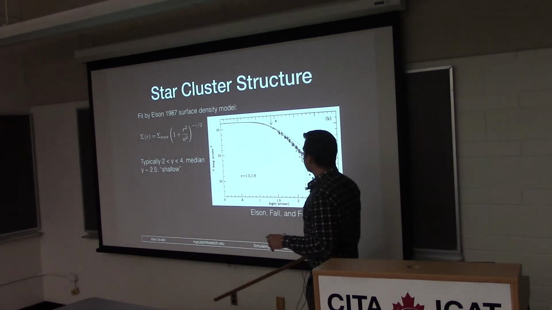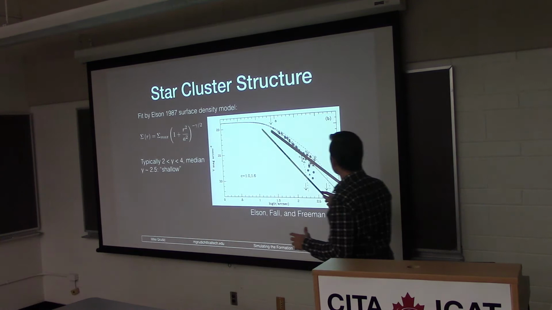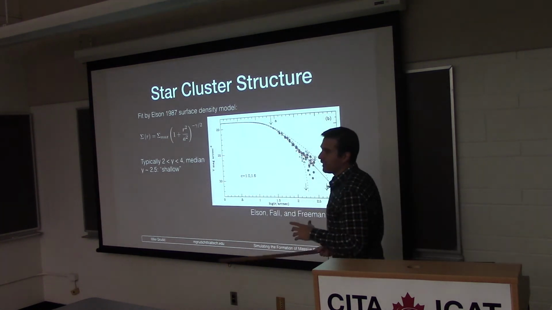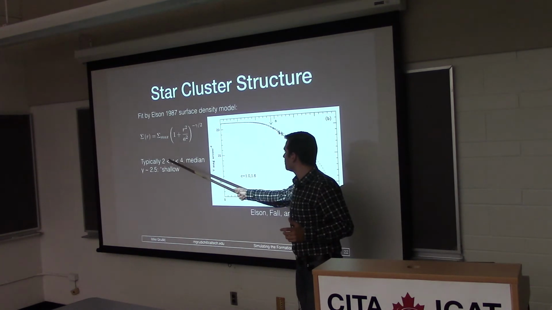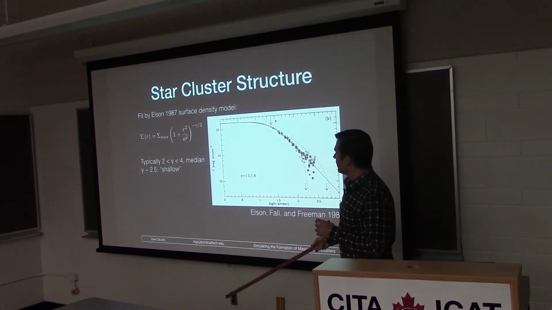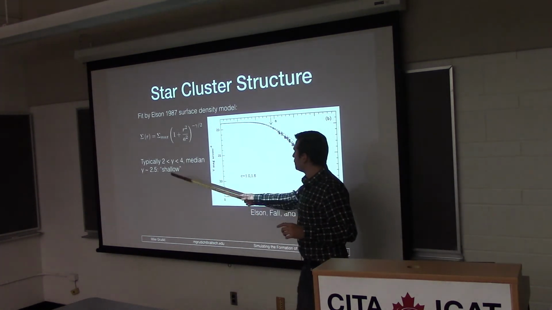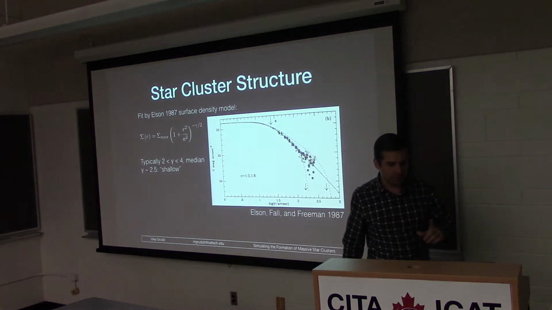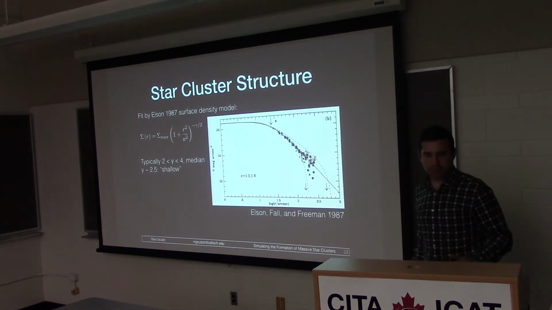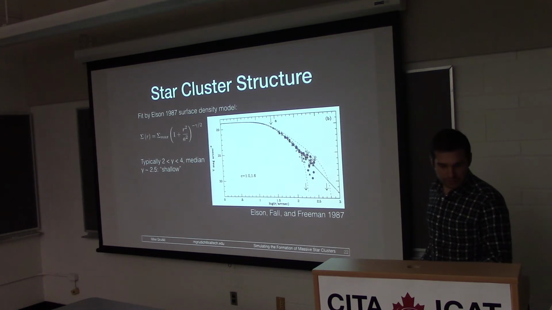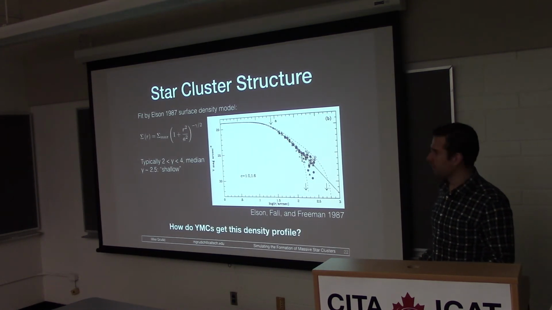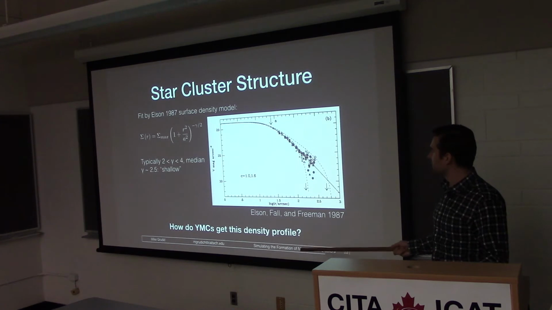What is found is that the slope of this power law fall off in actual star cluster populations typically lies in the range between 2 and 4, with a median of about 2.5. So it is an observational fact that the mass profiles of young massive clusters are quite shallow. It's an interesting question to figure out how they get this sort of density profile.